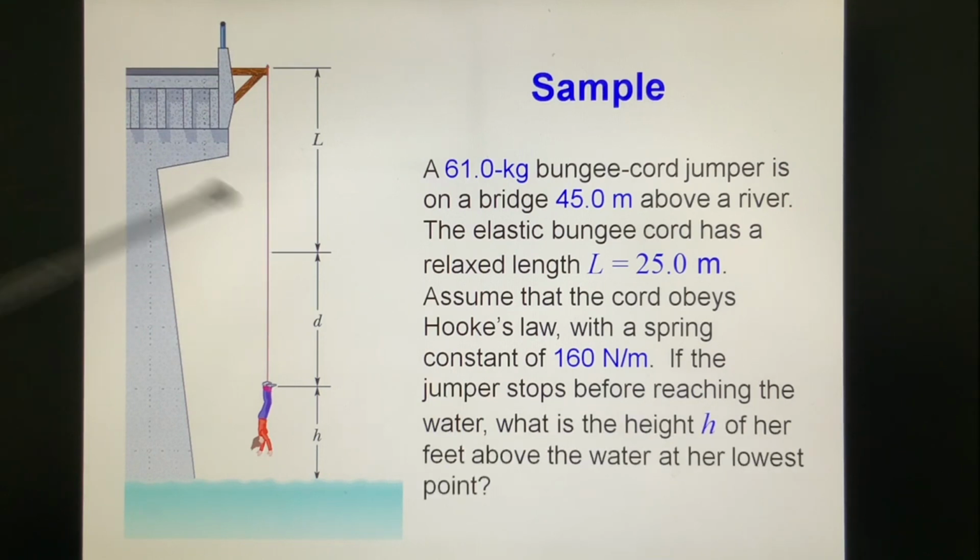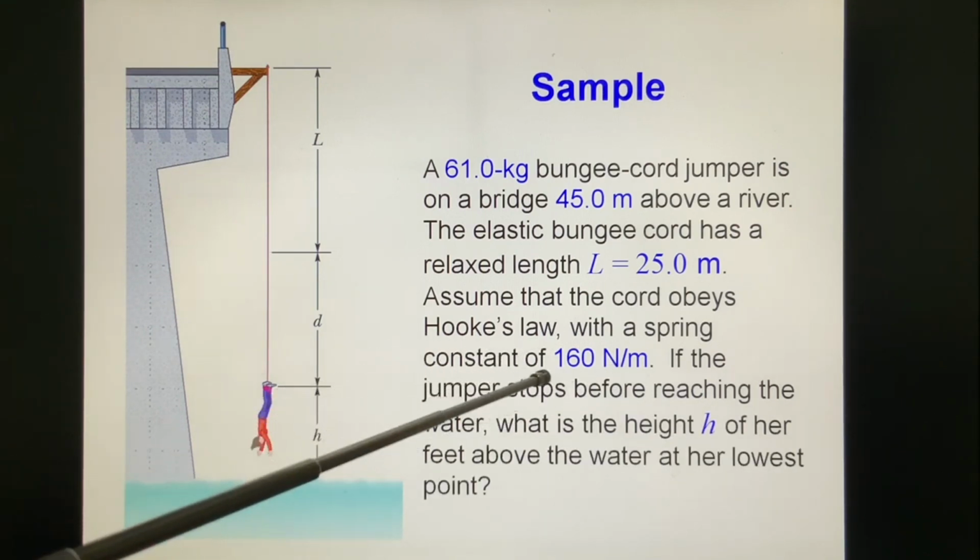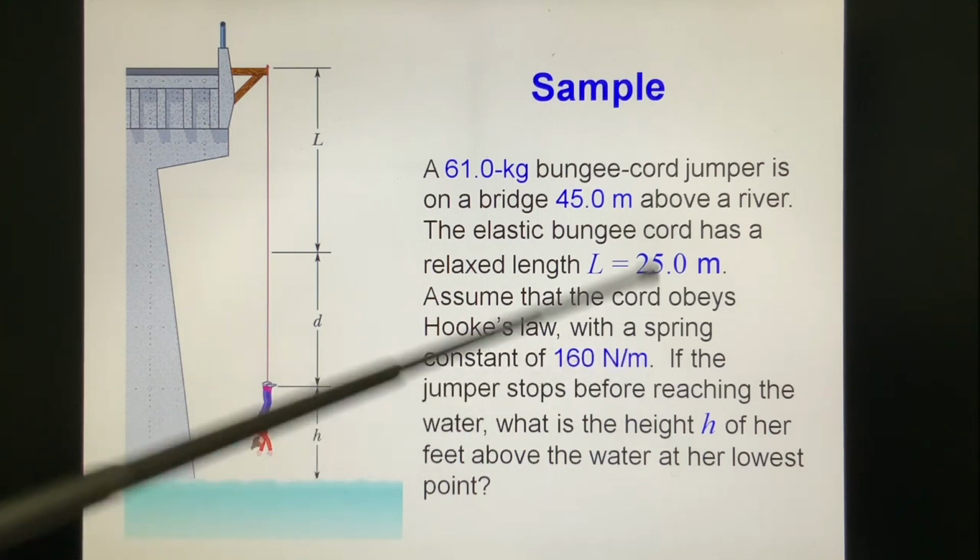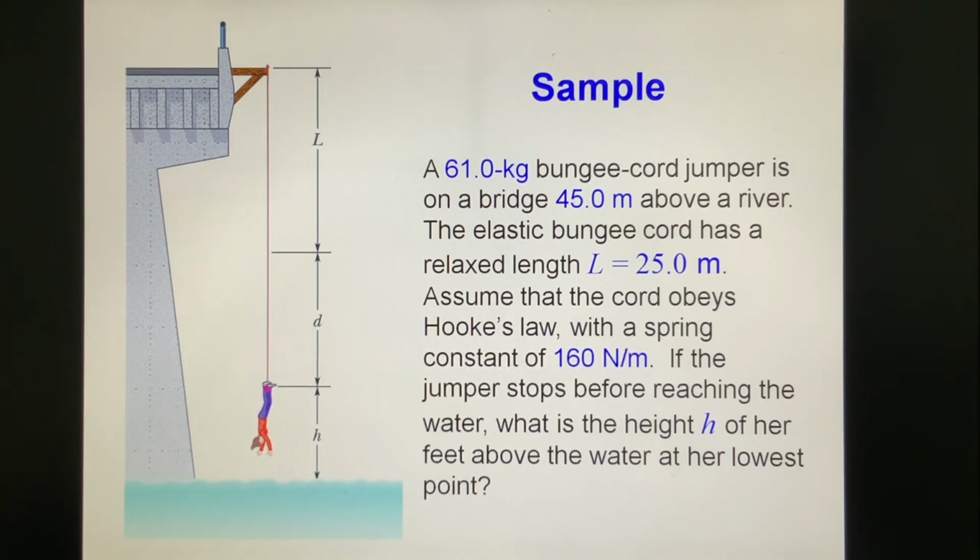Assuming the cord obeys Hooke's law with a spring constant of 160 newtons per meter, if the jumper stops before reaching the water, what is the height h of her feet above the water at her lowest point? When you jump off, the spring cord extends by d, the maximum, when she is at rest, and we will see what h is.